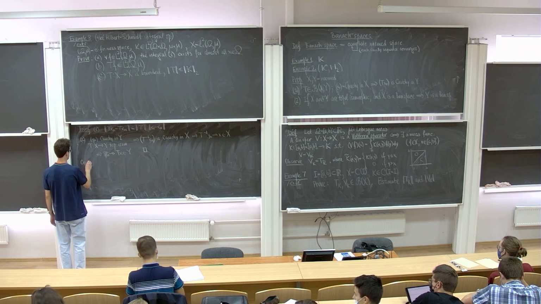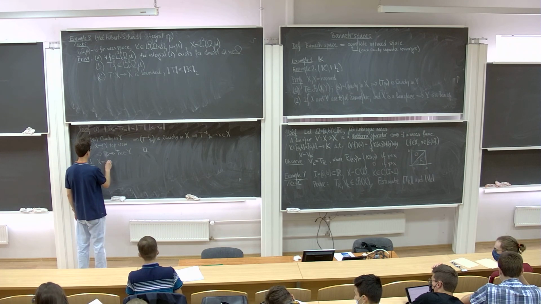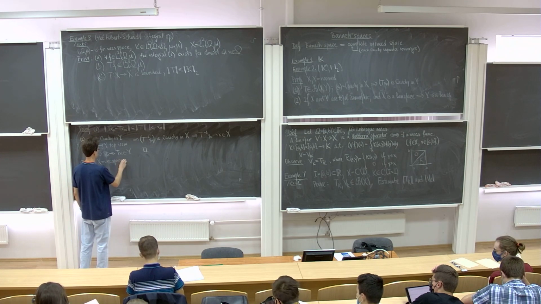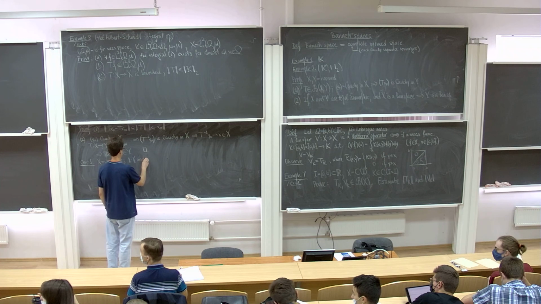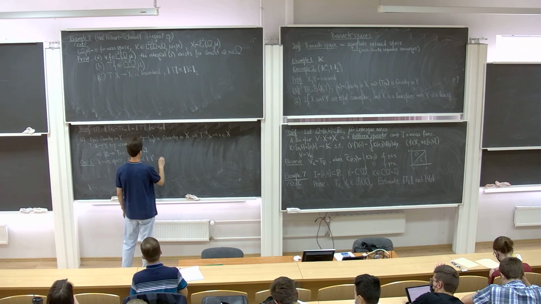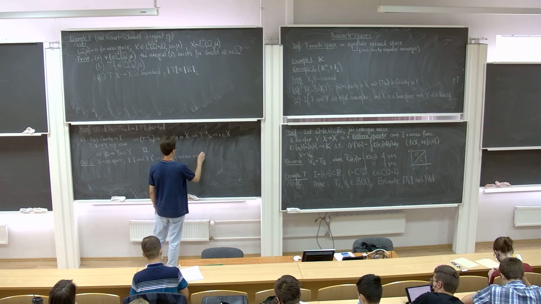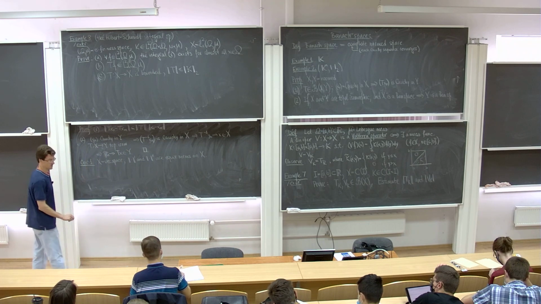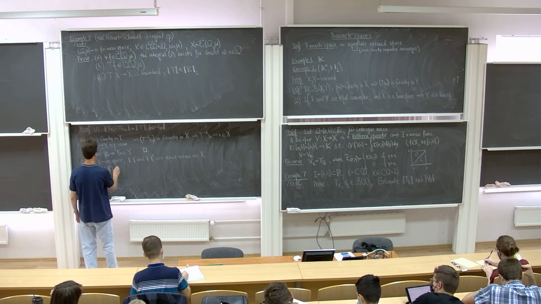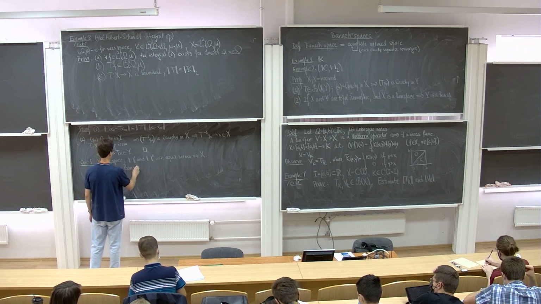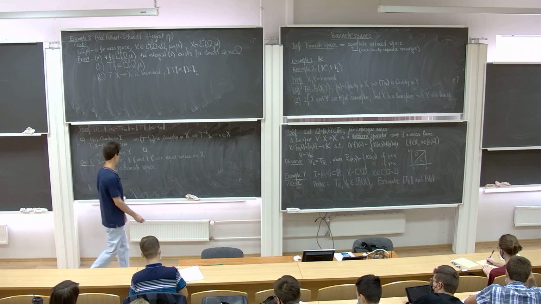And here's a useful corollary. Corollary 1: if X is a vector space, and if we have two equivalent norms on X, then if X is complete under the first one, this is a Banach space, then we can replace this norm by the second one, and we still have a Banach space.